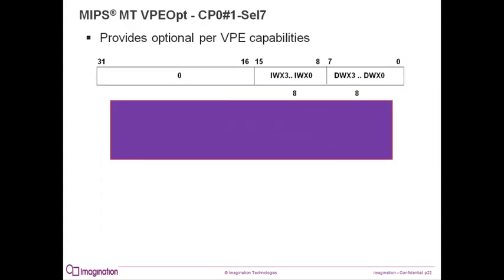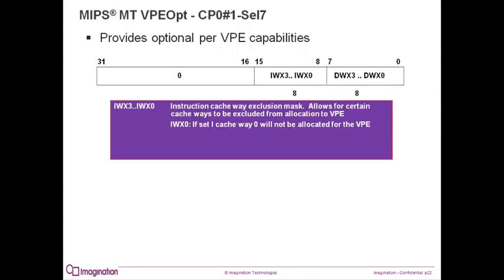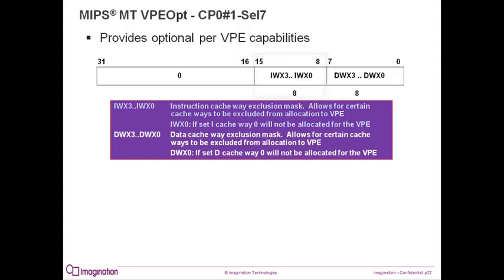The VPE op register can control the use of the ways of the caches between VPEs. This may help with cache thrashing problems. The instruction way exclusion field controls which ways of the instruction cache will be excluded for use by the VPE.